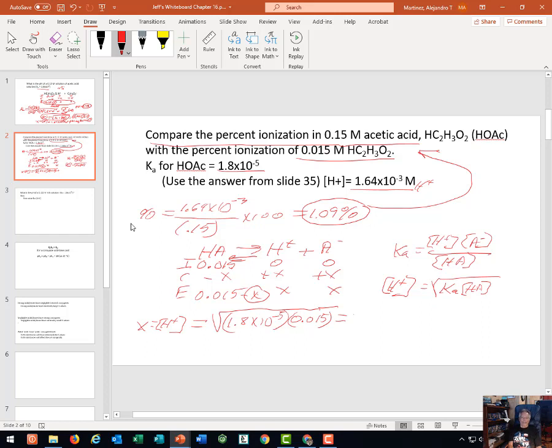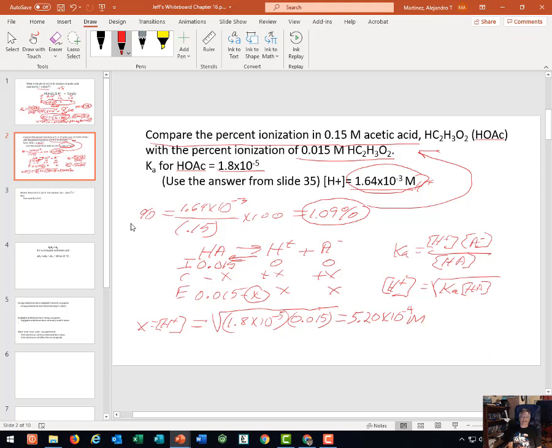This time we get 5.20 times 10 to the minus 4 molar. It's a lower concentration than we got in the original problem with the solution ten times more concentrated, and that made sense based on Le Chatelier's principle. We had a higher concentration of reactants, so we have a higher concentration of products.